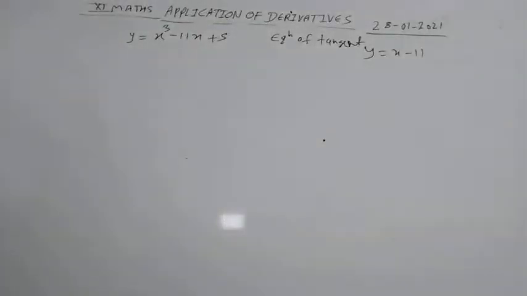Okay, students, so this is our question. Find the point on the curve y = x³ - 11x + 5 at which the equation of tangent is this.